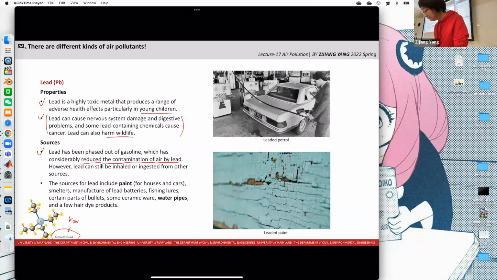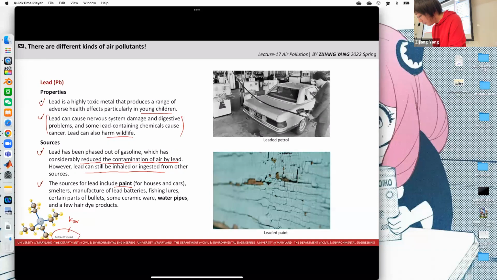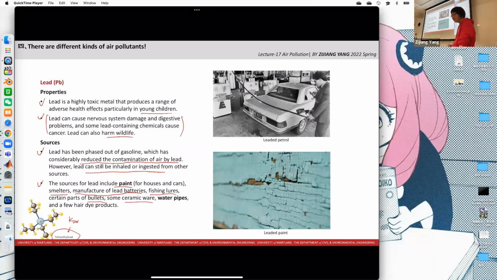But lead can still be inhaled or ingested from other sources, like paint, smelters, manufacture of lead batteries, fishing lures, certain parts of bullets, ceramicware, water pipes, and some other things.